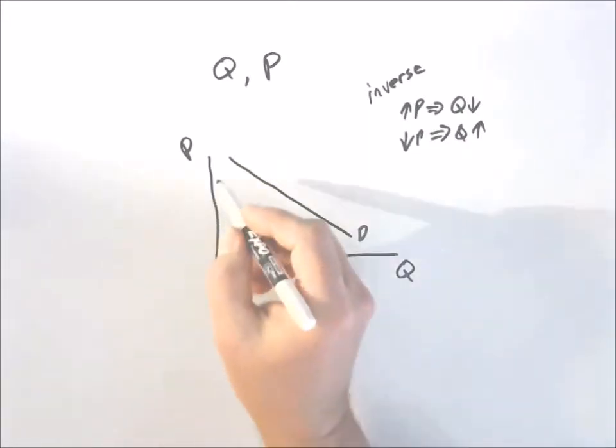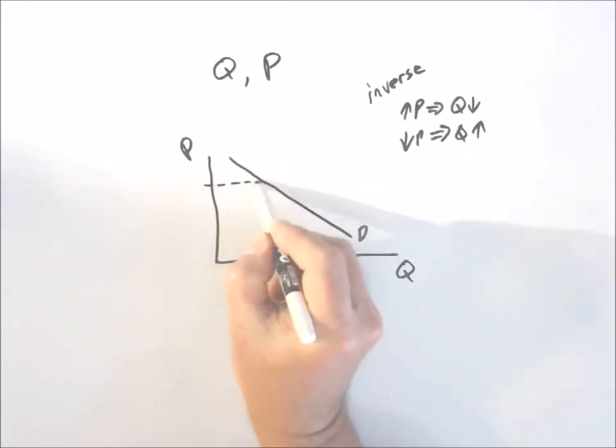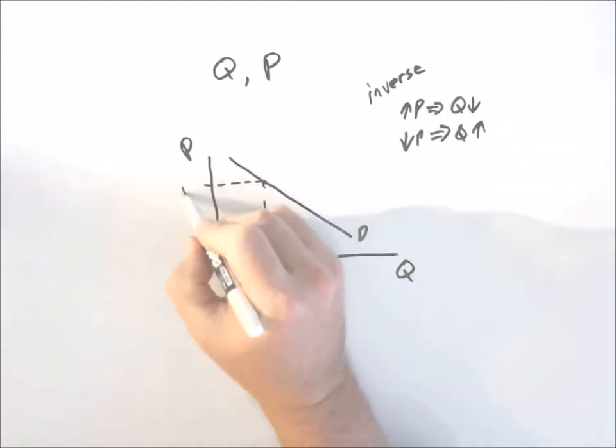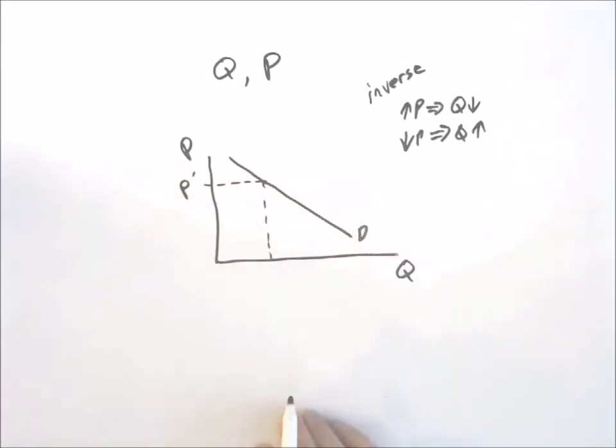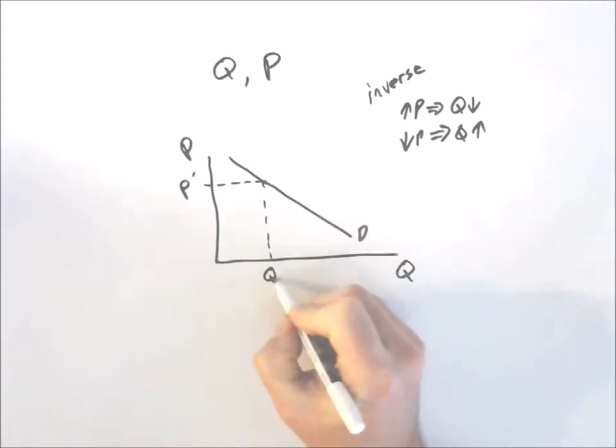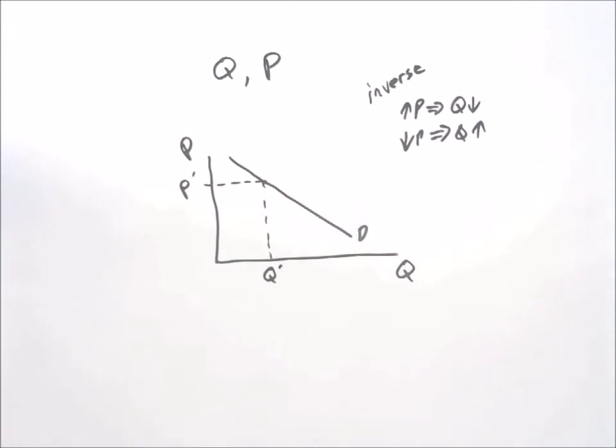As you can see, if I start out with a price of P prime, whatever that price is, say $1.50 per candy bar, I would desire to purchase a quantity of that product, Q prime, maybe 2 candy bars.